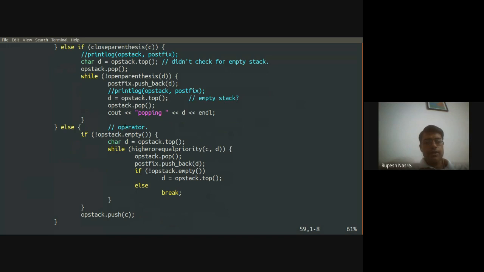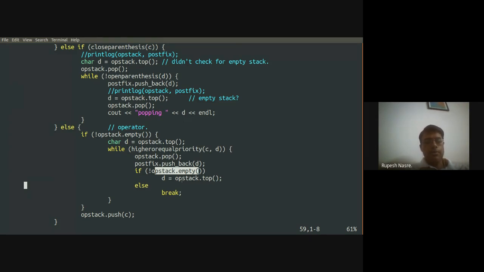When it is an operator, then we need to worry about precedence. So we peek at the element, and while it has a higher or equal priority, say D has a higher priority than C, then we pop it and print it. And yeah, here there is a small check that if it is empty, then we just break out.